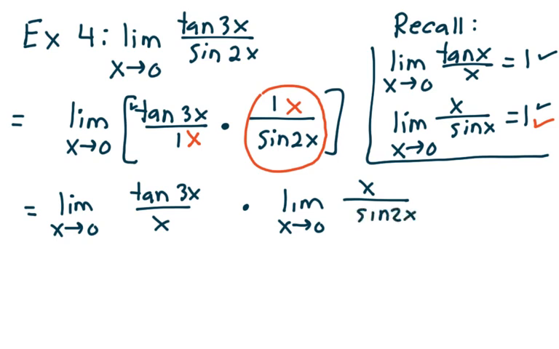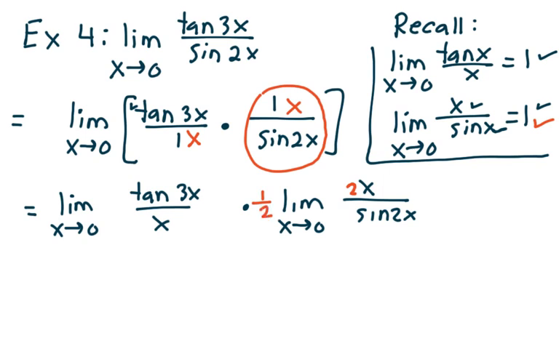Now, I want the argument of the sine and the numerator to match up. And the only way that's going to happen is if I multiply the numerator in that second limit by a 2. But if I multiply the numerator by a 2, I have to divide by 2 on the outside of the limit so I don't change its value.